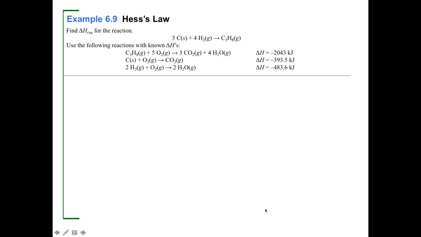Find the change in enthalpy, delta H, of the reaction as given. And here's what you're given: these 3. So here's what I'm going to do.